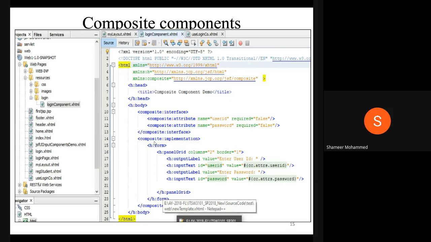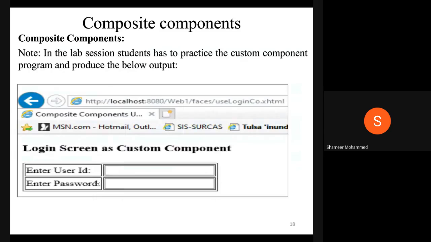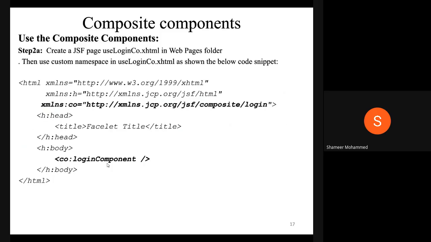This is my implementation, and this is the interface. In the interface, I am showing user ID and password. So when you run this file, use login component xhtml and write this one line.